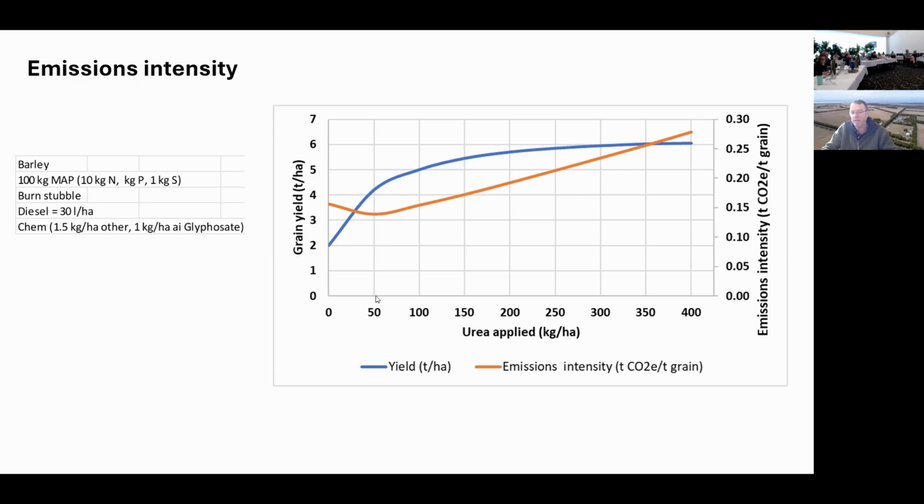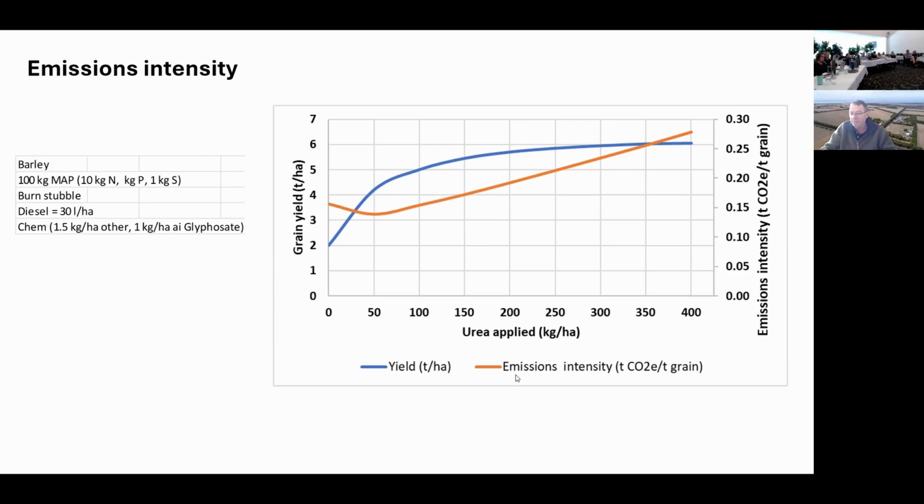Where we put 50 kilos of urea on, it jumps up to a 4.2-tonne crop. Where we put 100 on, we get 5 tonne, 150, we get 5.4 or something, 5.5. And it goes up, and that classic diminishing returns with input. I've made that blue line up, okay, so don't hold me to which trial was this or whatever else. I've just made that up for the sake of this exercise.